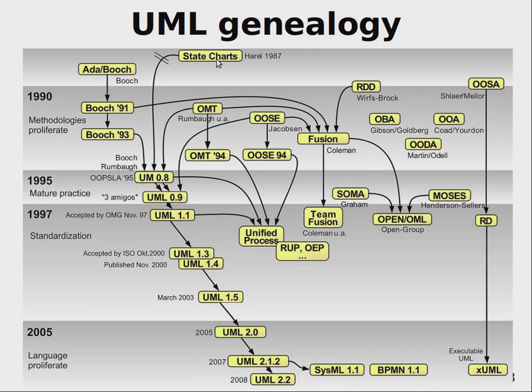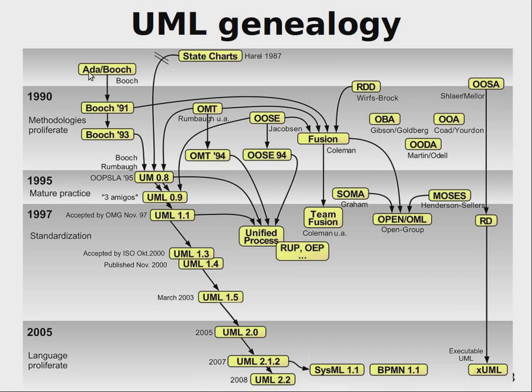One of the initial ones was a computer scientist, family name Harel, I forgot his first name, who introduced state charts. A state chart is just syntactic sugar on top of finite state automata or Turing machines.